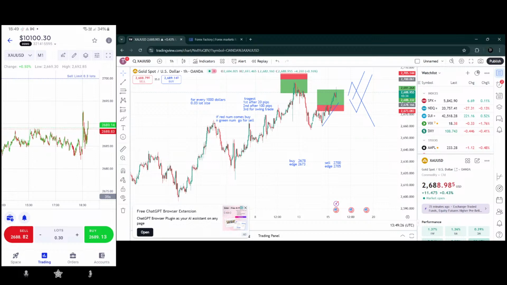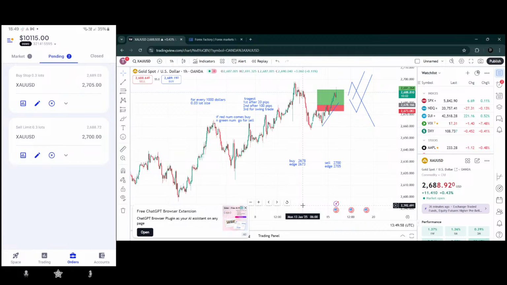So for practice, we'll take one trade. I'll remove this one. So on mobile, we are going for sell. These are the previous photos.